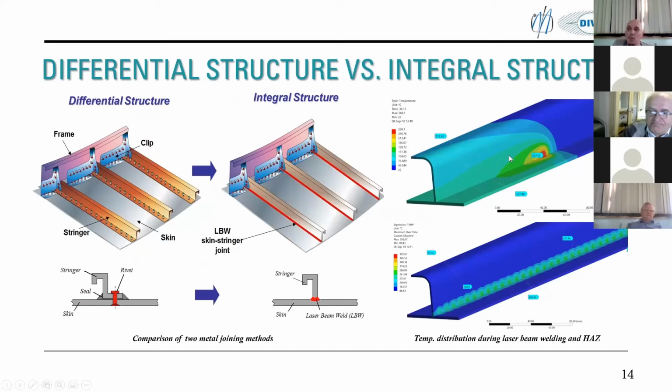We managed here to completely simulate this laser beam welding process. You can see I here put only these two images. So we simulated this laser beam motion and then analyzed the distribution of the temperature through this stringer that you can see on the screen. Also, we estimated the heat affected zone. That's this image here on the bottom.